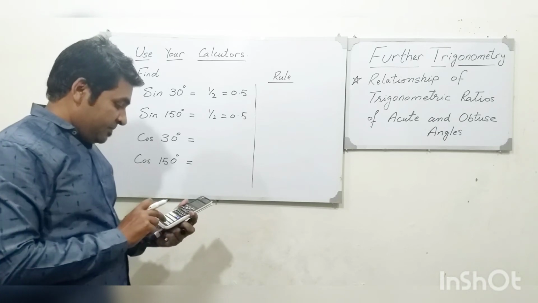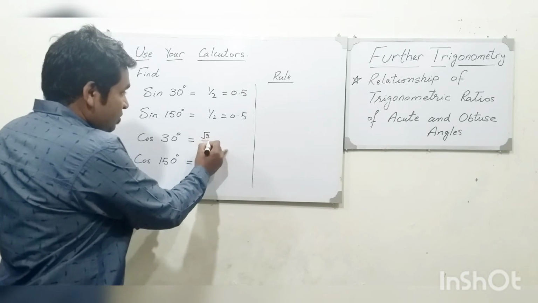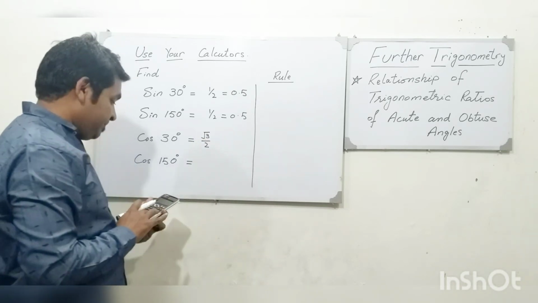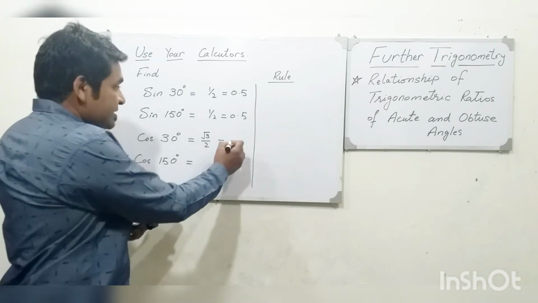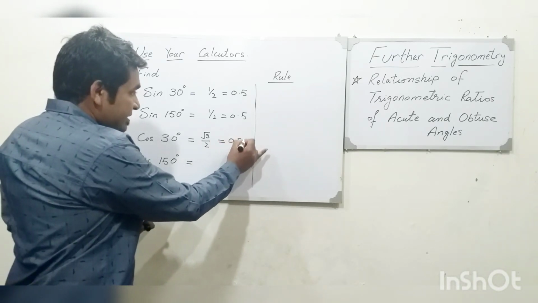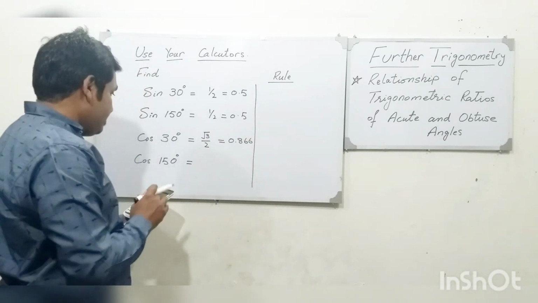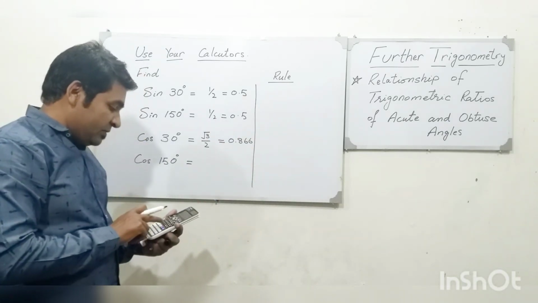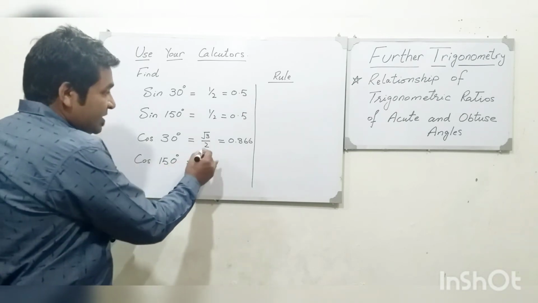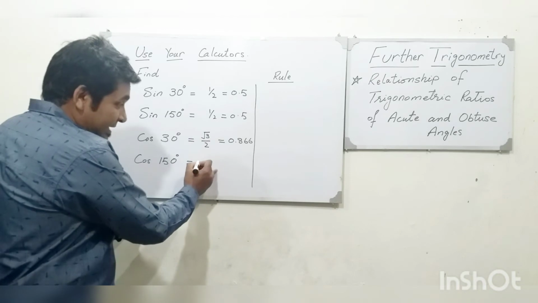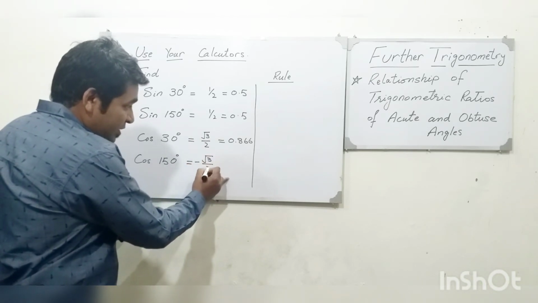Cos 30 is equal to square root 3/2, and if you convert it into decimals, it is 0.866 or 0.87. In the same way, if you find the value of cos 150, it is not the same, it is negative square root 3/2.